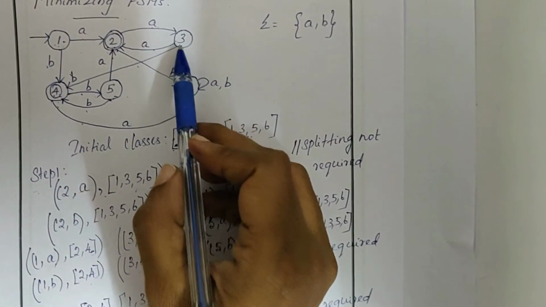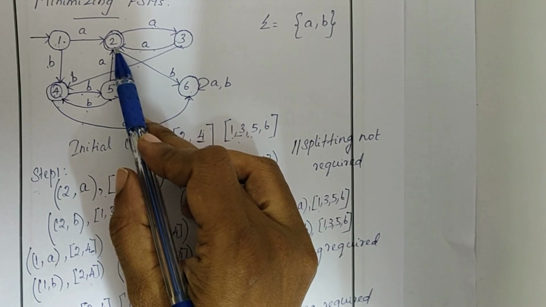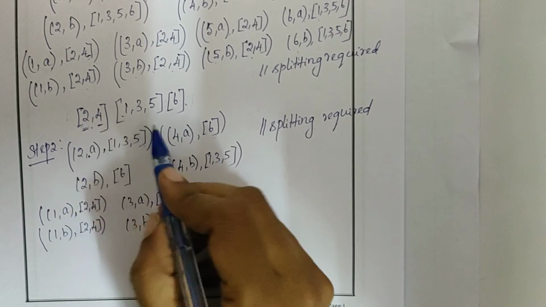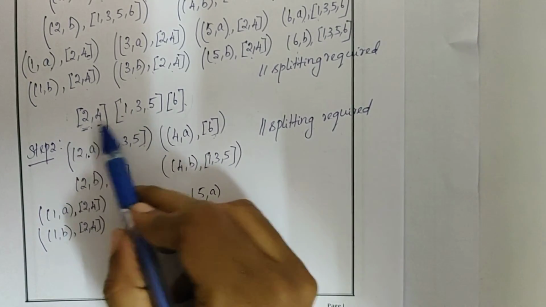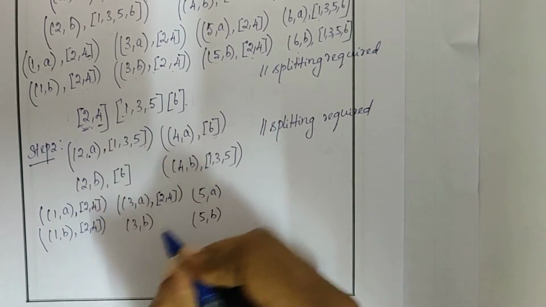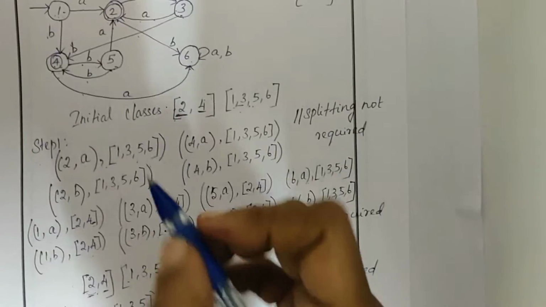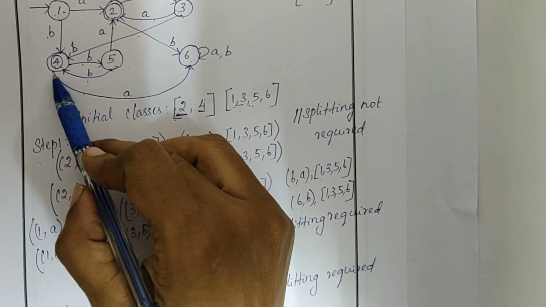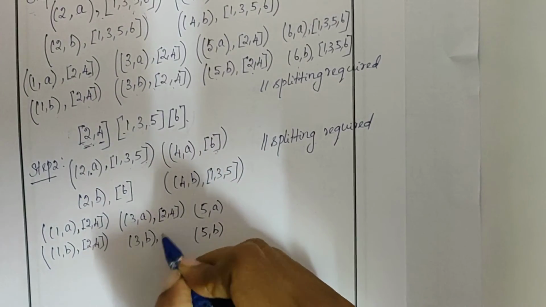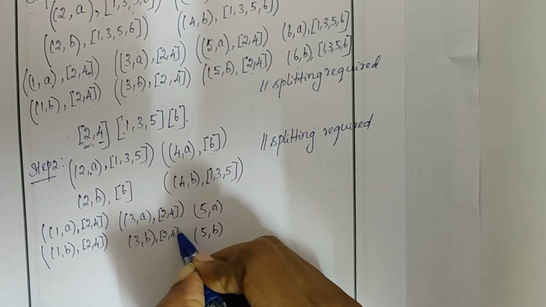Correct? Next 3. 3 takes A input and moves to 2. Right? So where do I have my class? Here, 2 comma 4. Next 3B. 3 takes B input and comes to 4. 4 is in which class? 2 comma 4.